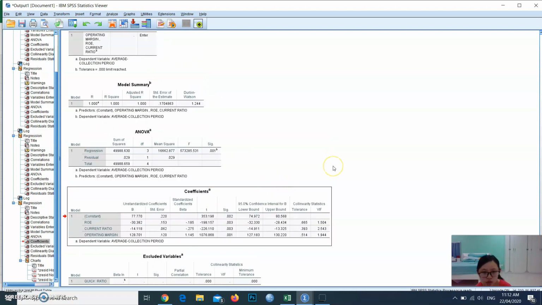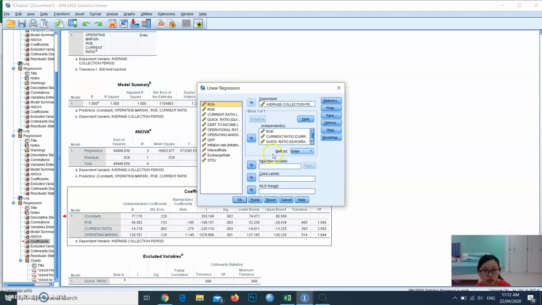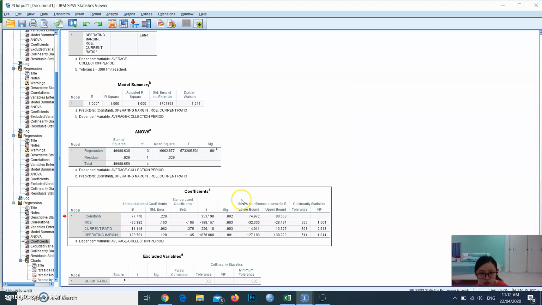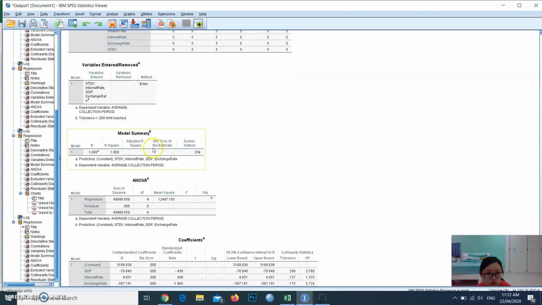So the next step is external factors to the dependent variable. So this column is left with external factors only. So put GDP until STDV. Use the enter method, so okay. Same thing, the number does not appear, so look at VIF.